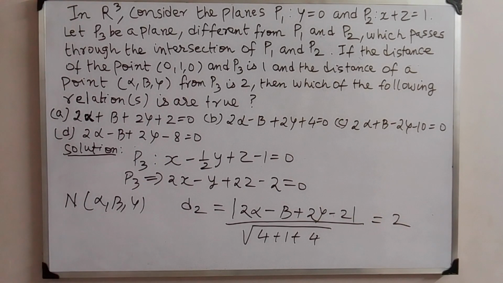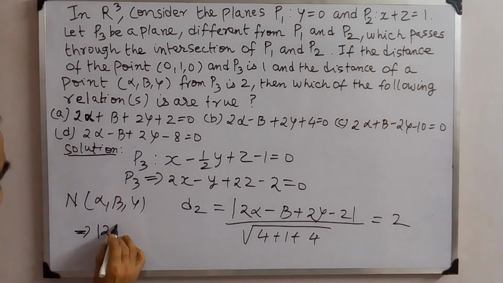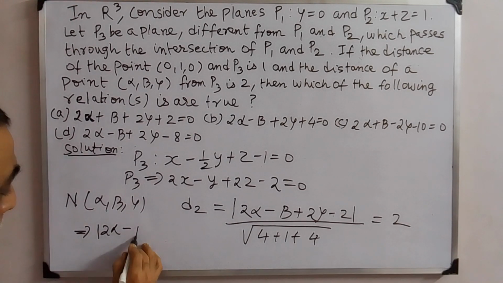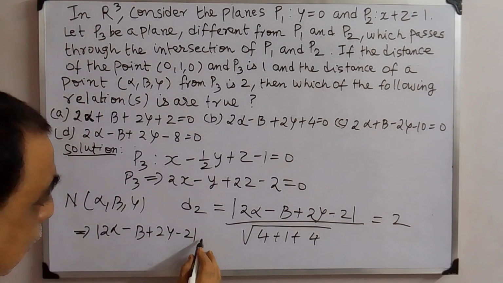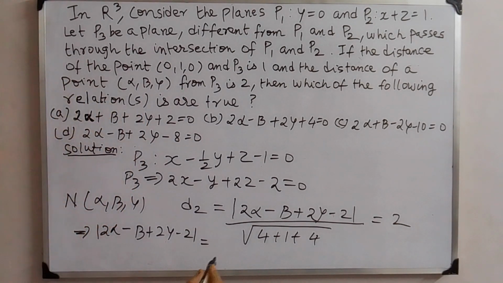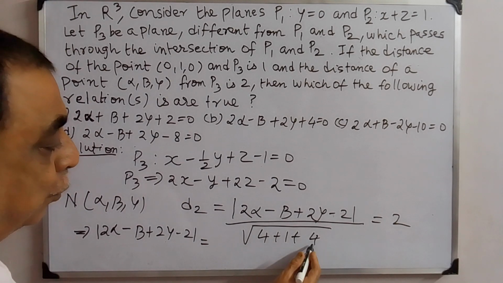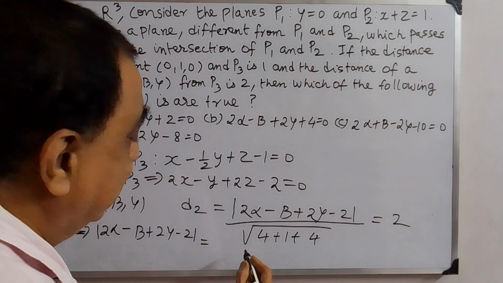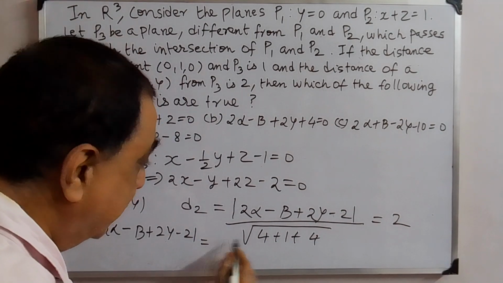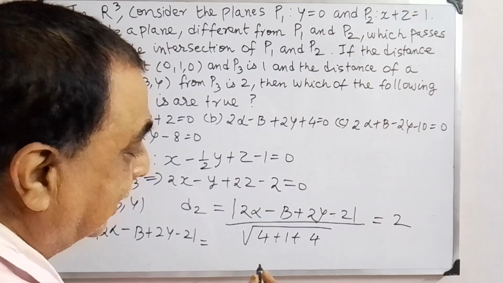Okay, so from here what do we get? So from here we are getting 2 alpha minus beta plus 2 gamma minus 2, absolute value, equals to, here 4 plus 4 is 8 plus 1 is 9. So that is the 2, and the square root of 9 is 3.